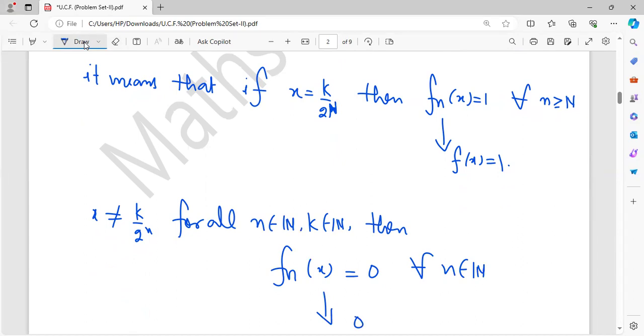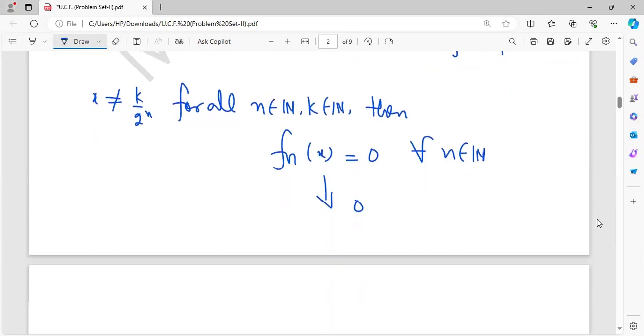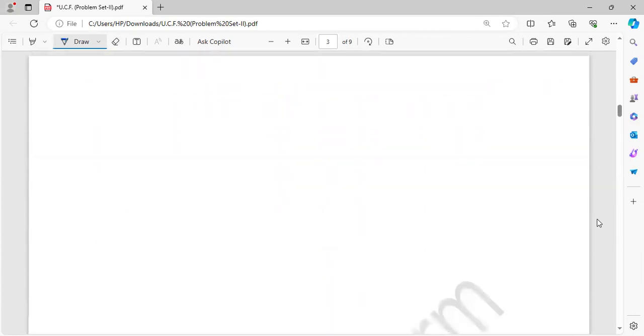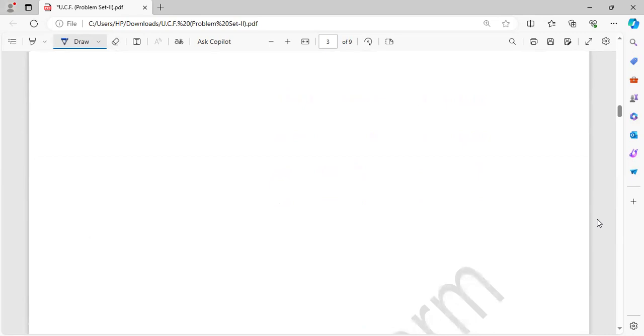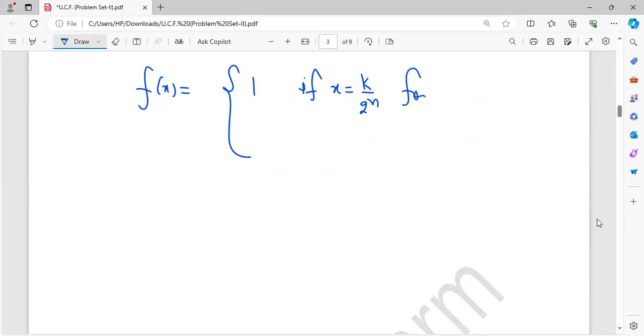So what is the pointwise limit? The pointwise limit is f(x) equal to 1 if x is of this form for some k belongs to N and n belongs to N, 0 otherwise. Now see that such points could also belong to the closed interval [0, 1].